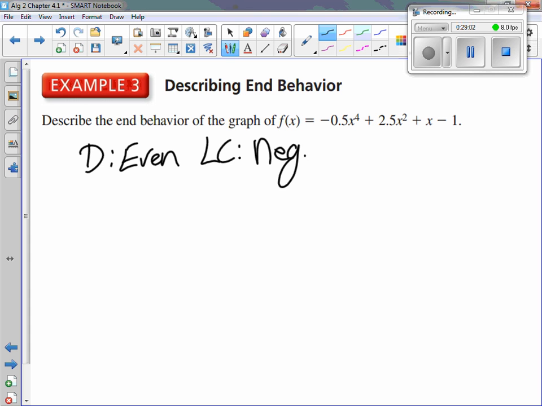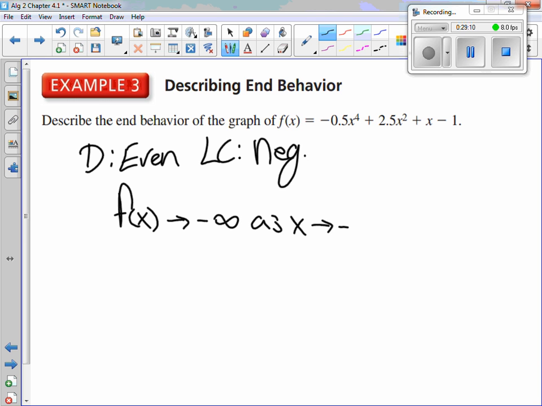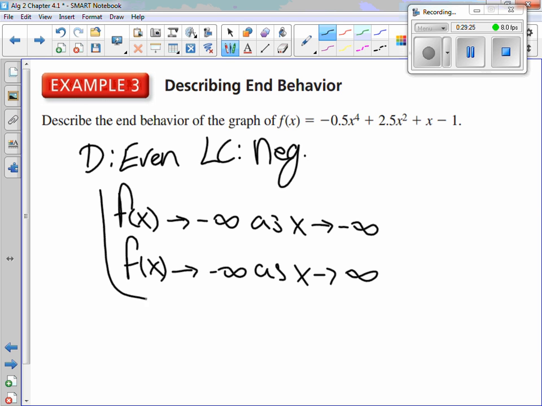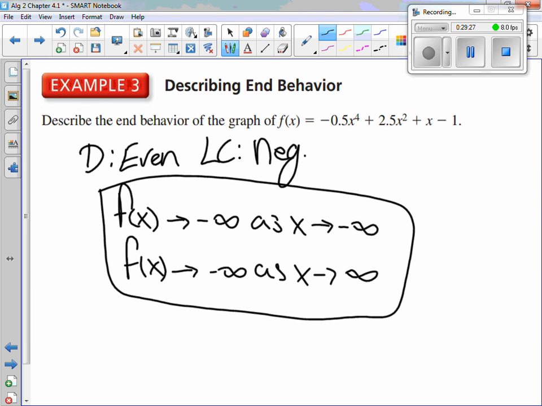The second from the top. And it says what? F of x, arrow, negative infinity as x, arrow, negative infinity, yes? Because that's what it said. Then it says what? F of x, arrow, negative infinity as x, arrow, infinity. Yes? That's it. That's your answer.